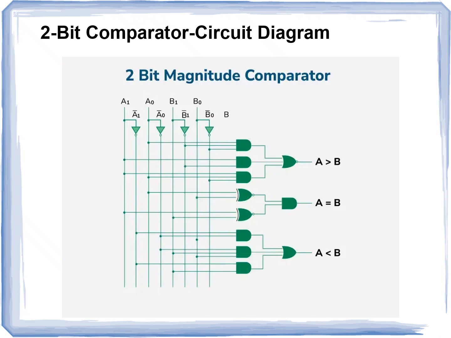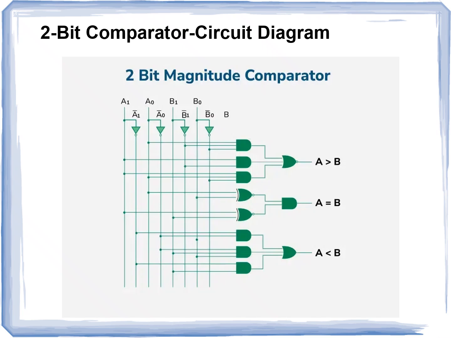So this is the 2-bit magnitude comparator logic diagram. Here we have compared the values of A1, A0, B1, B0 and the corresponding outputs are drawn using logic gates. Based on the previous expressions, we have drawn this circuit diagram for the 2-bit magnitude comparator.